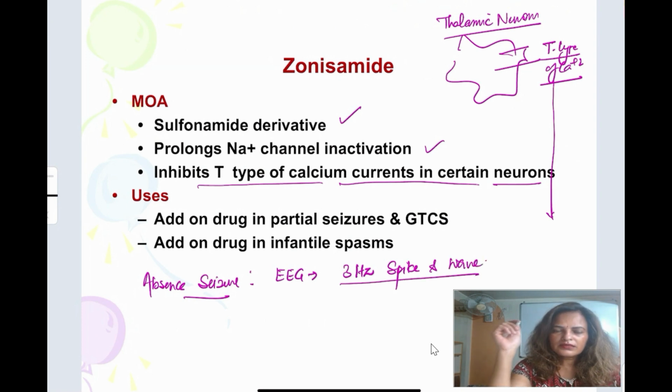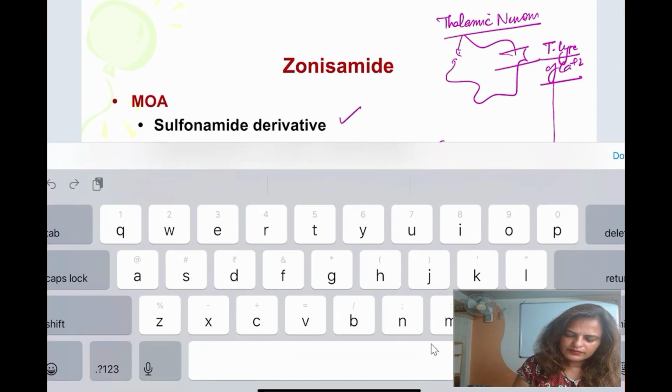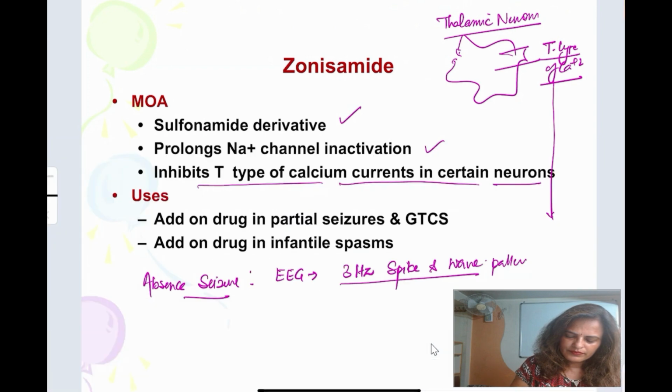And this synchronous 3 Hz spike and wave pattern in the EEG happens because of the thalamic neuron and a cortical neuron.